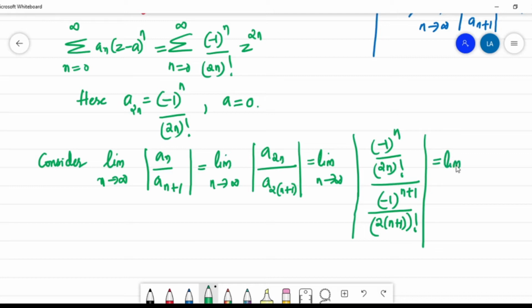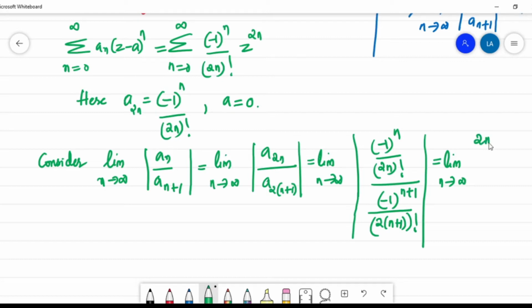So, this can be rewritten as limit n tends to infinity, and clearly the factorial terms are all positive, so the modulus sign can be removed and this term is taken up.